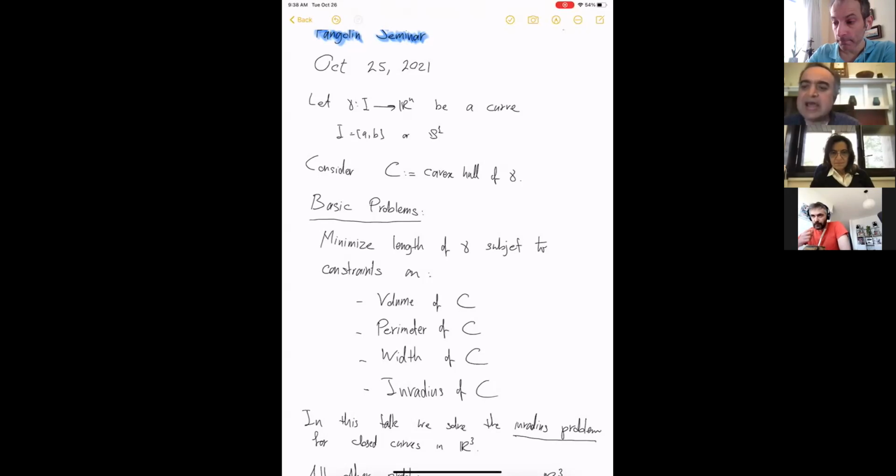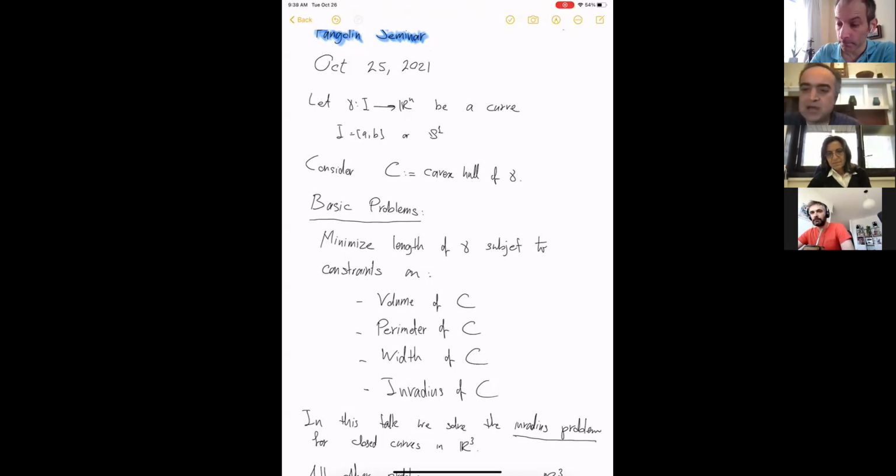Or you can look at the inradius of the convex hull, which is the radius of the largest ball contained in the convex hull. So you fix these things, and you want to maximize the length of gamma subject to these constraints.